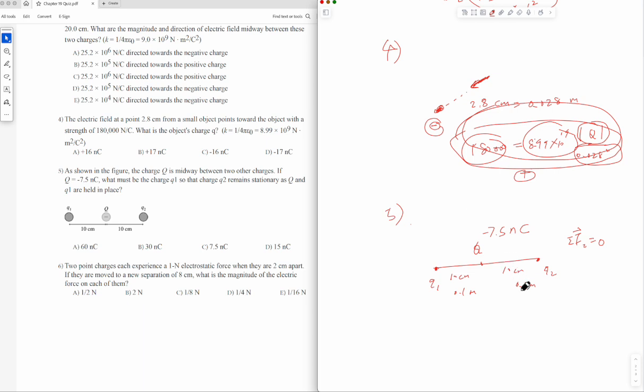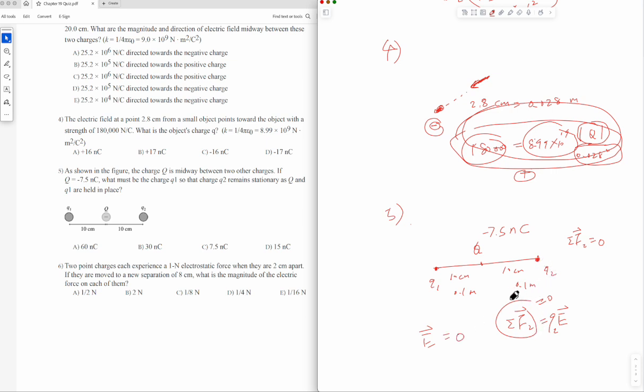The net force on Q2 equals the electric field times Q2, the net electric field at this location times Q2. If this is 0, then E is 0 at this position.